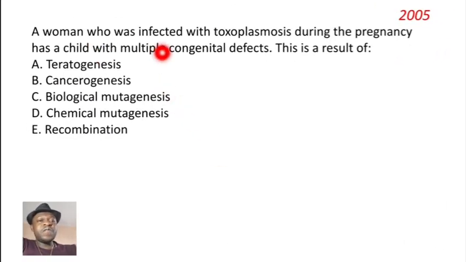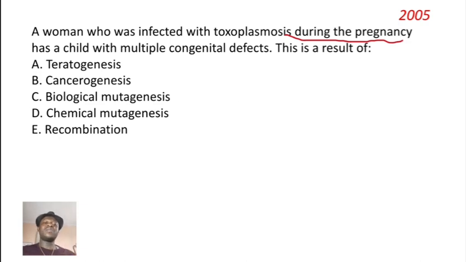A woman who was infected with toxoplasmosis during pregnancy has a child with multiple congenital defects, right? This is a result of what? Okay, let me tell you what happens in this scenario. The mother is pregnant. She is cleaning after what? After cats, right? So the feces of cats are associated with what?